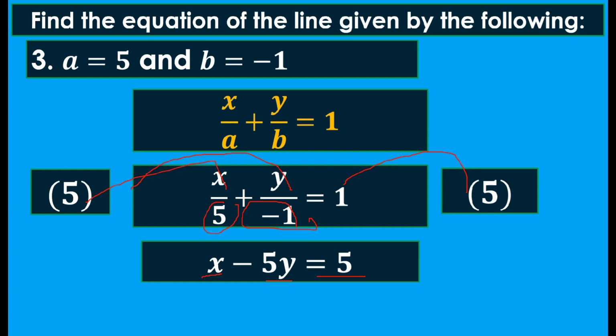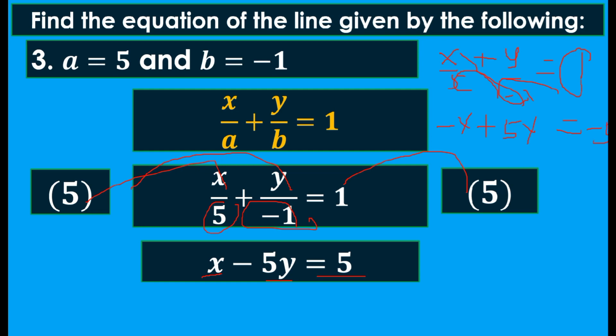And the shortcut way, we have x over 5 plus y over negative 1 is equal to 1. So we have negative 1 times x, negative x, y times 5, plus 5y is equal to 1 times negative 1 times 5, so we have negative 5.